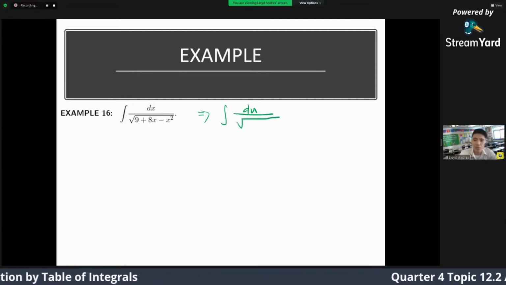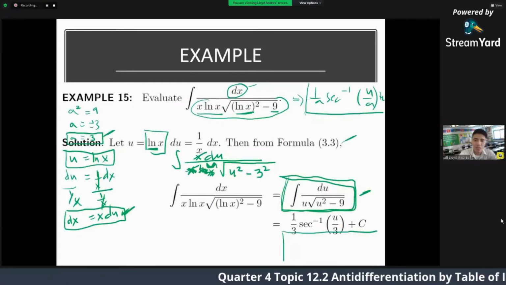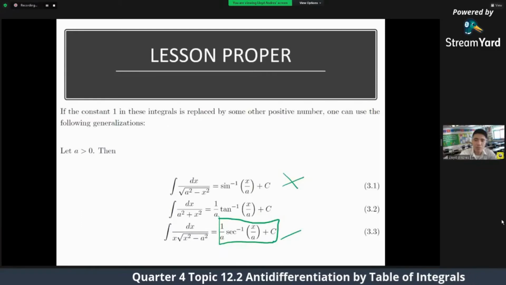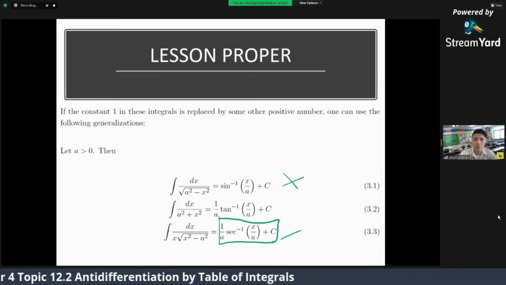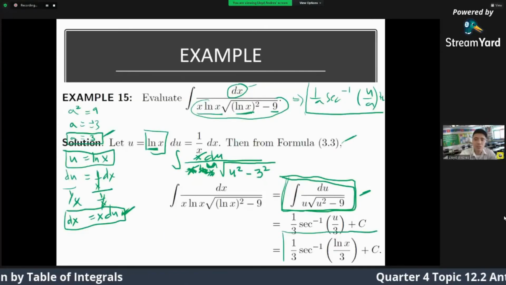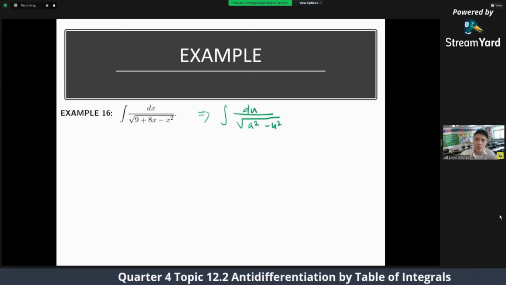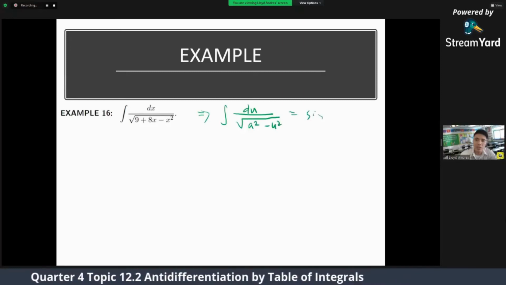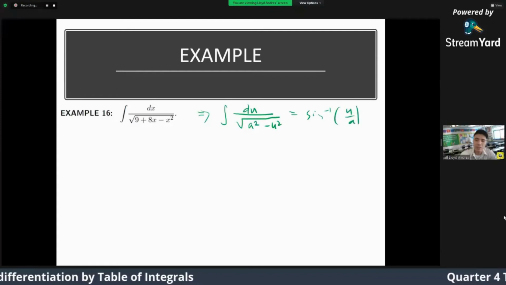So tong first, a squared minus x squared, inverse sign siya. So a squared minus u squared na lang, which is equivalent to inverse sign of u over a plus c.